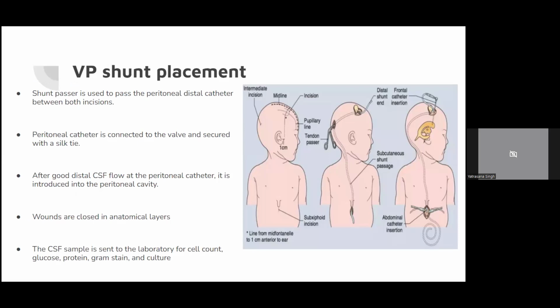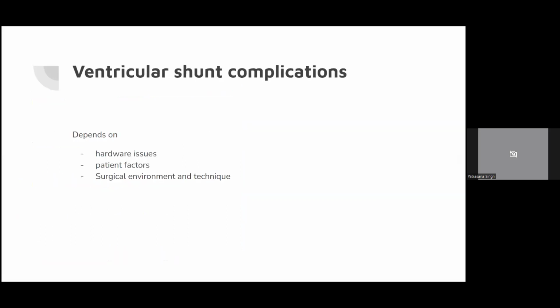After good distal CSF flow at the peritoneal catheter, it is introduced into the peritoneal cavity. The wounds are then closed in anatomical layers, and CSF sample can be sent to the lab for further testing. In terms of ventricular shunt complications, it depends on hardware issues, patient factors, surgical environment, and technique done.